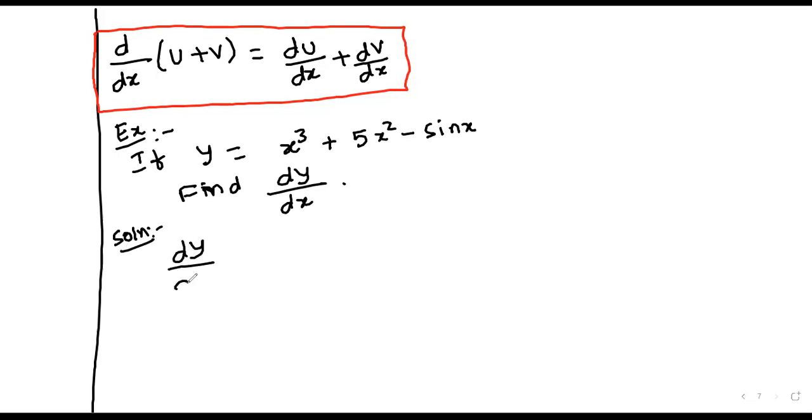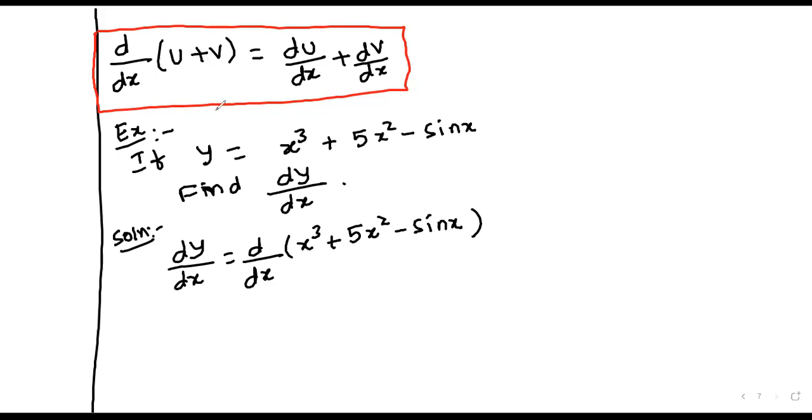Now, how will I find dy by dx? That is nothing but, instead of y, I write x cube plus 5x square minus sin x. See, x cube is one function, 5x square is one function, and minus sin x is another function. So it is in the form of a sum of functions now.